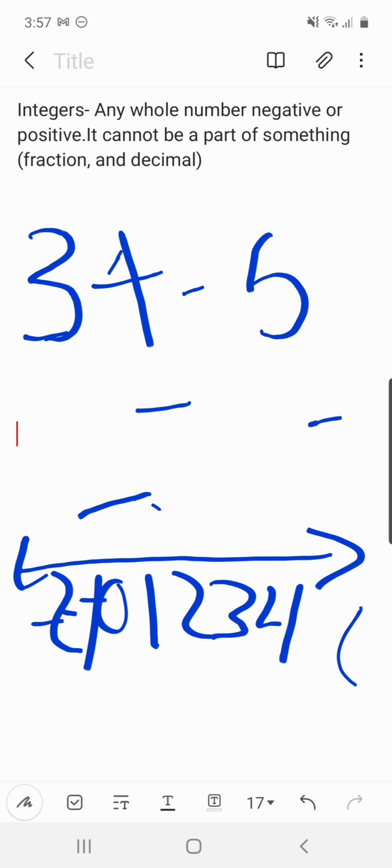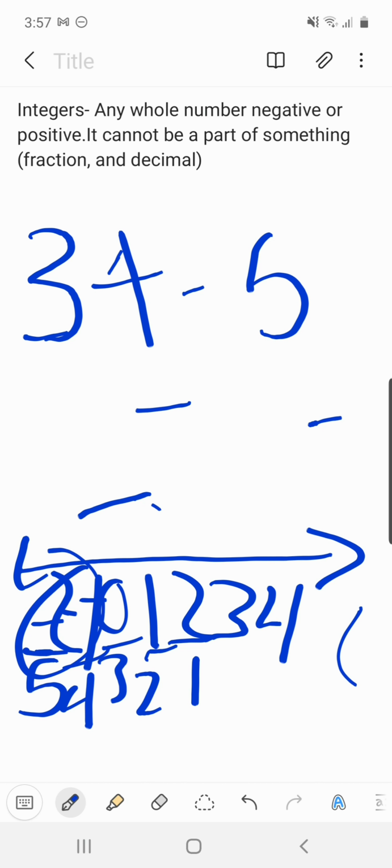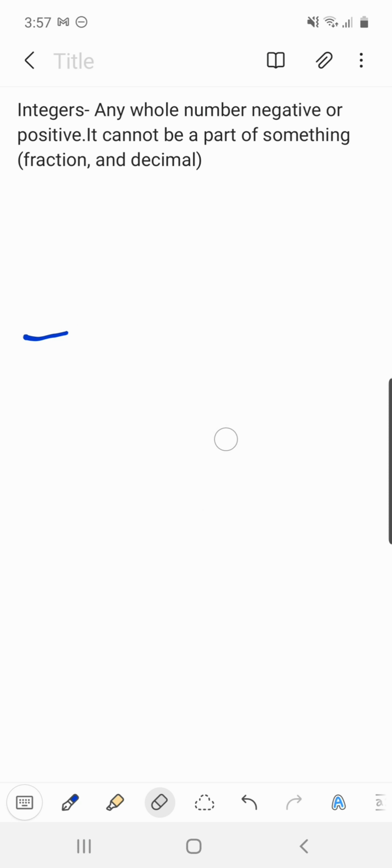It's always going to be less. So I'm going to count 5 times to the left. Start from 3: 1 time, 2 times, 3 times, 4 times, and 5. Now, when I land on it, I get negative 2 as an answer. Okay, one more.